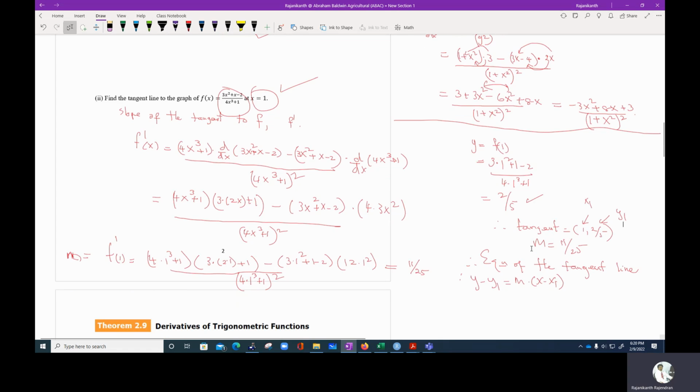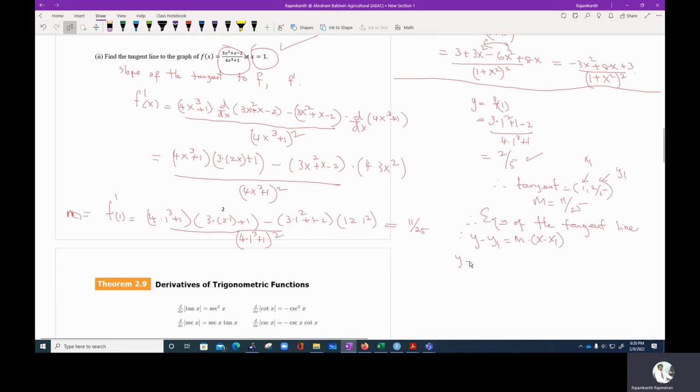So now plugging in all the values, you get y minus y1 equals slope 11 over 25 times x minus x1, which is 1. If you simplify this and rewrite, you should get the straight line formula, 11 over 25x minus 1 over 25. This is the equation of the tangent line for the problem.